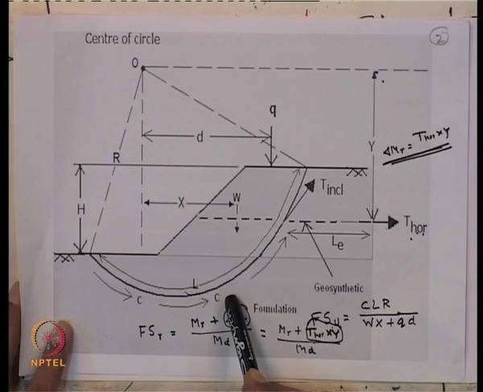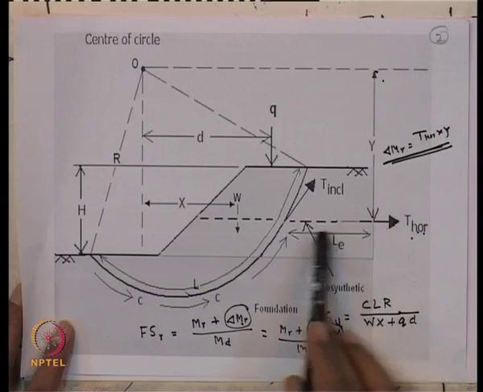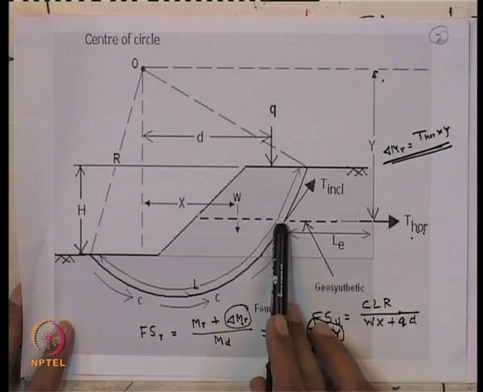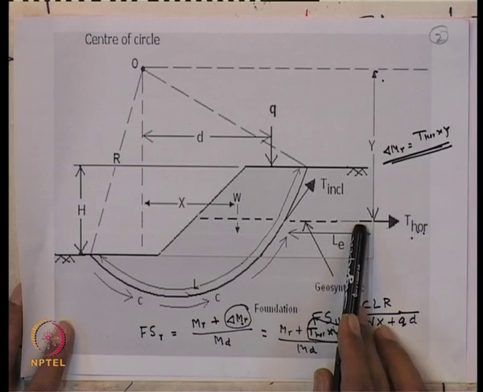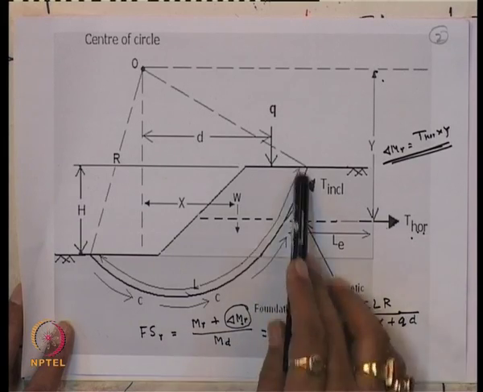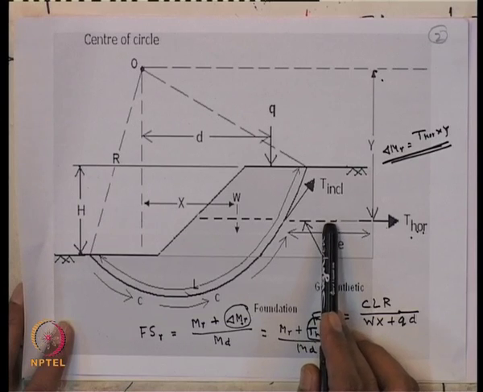And when you are introducing the geogrid material, this part is L_E, the required embedment length of the geosynthetic layer. So, what should be the length of the geogrid behind this failure surface is also important to ask.